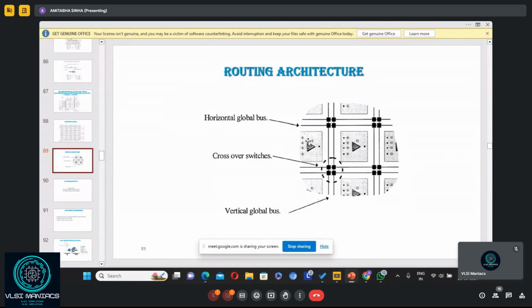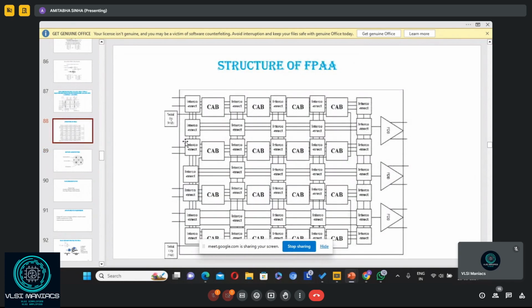And these are the switches, crossover switches. They are connected vertically and horizontally. So by activating the switches, a particular CAB can be connected to another CAB. Most of the commercially available FPAAs are structured like that, horizontal and vertical.